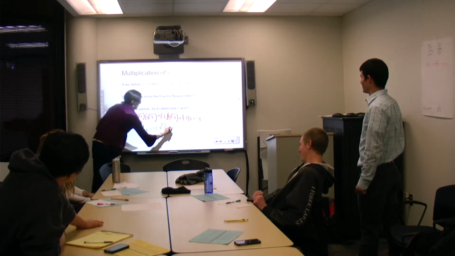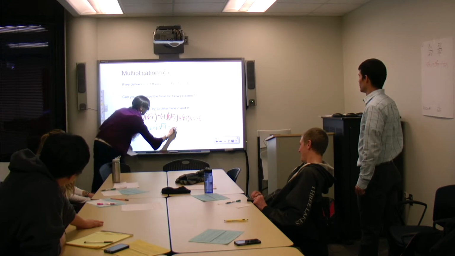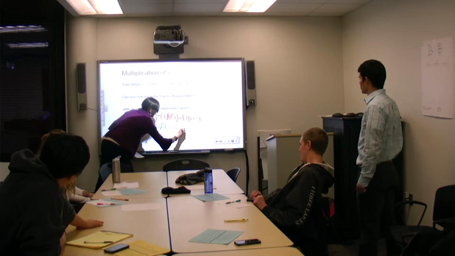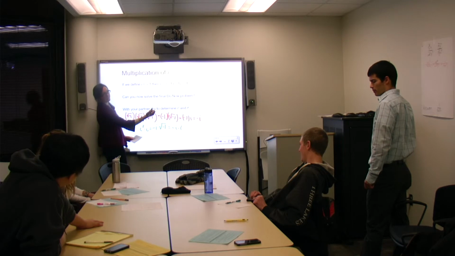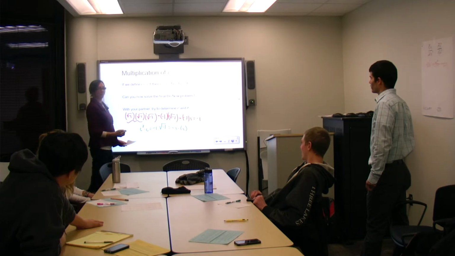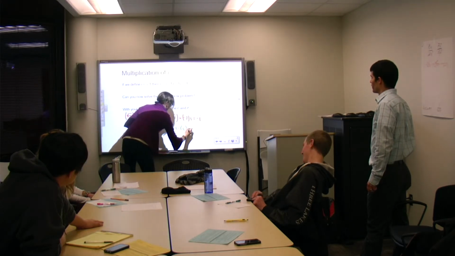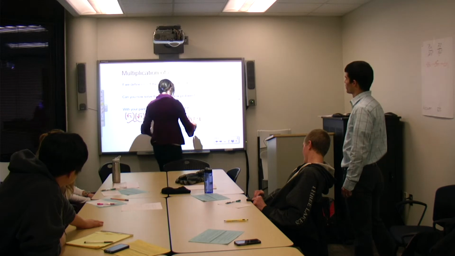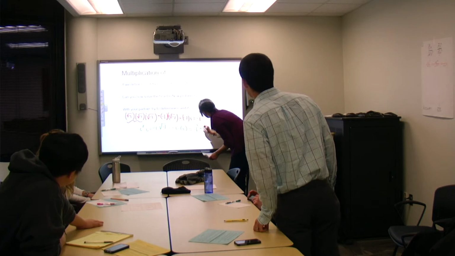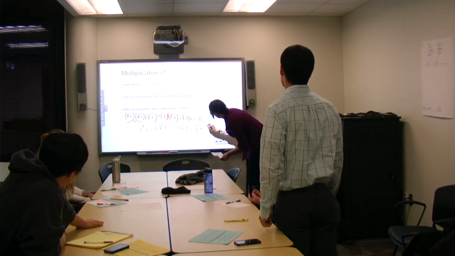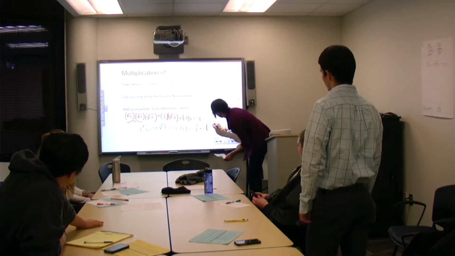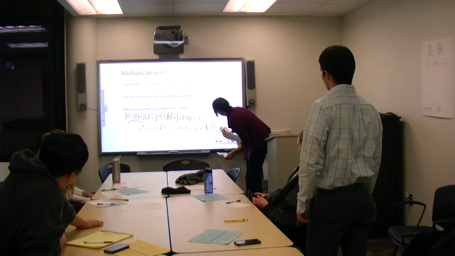So that's where we basically end up with -i times i. And then you end up with -i squared. And we know that i squared is equal to -1, so you get -(-1), which is equal to 1.